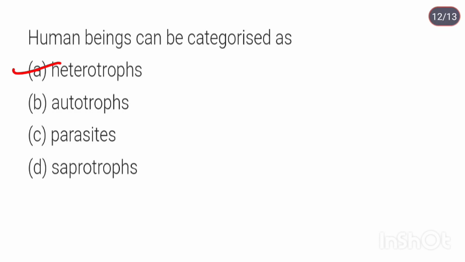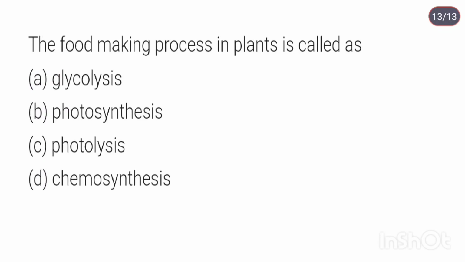Humans are heterotrophs. They cannot synthesize their own food and hence depend on other sources such as plants and animals for nutrition. The food making process in plants is called as photosynthesis. This process, called photosynthesis, produces food for the plant and release oxygen into the air.